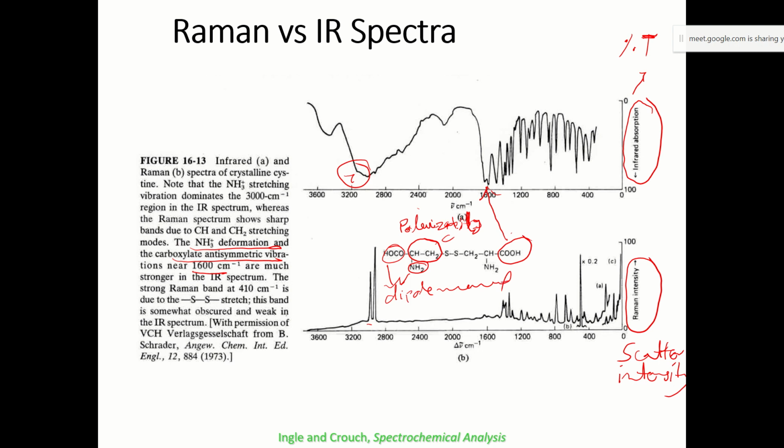So these two peaks are clearly more active in IR, and the ones which are less active, you also see the SS. Look at this, the central one is SS, which again won't show a change in dipole, but when the SS bond stretches and compresses, there is a very strong change in polarizability. There will be change in the molecular volume around that area, causing easy distortion when it is stressed.